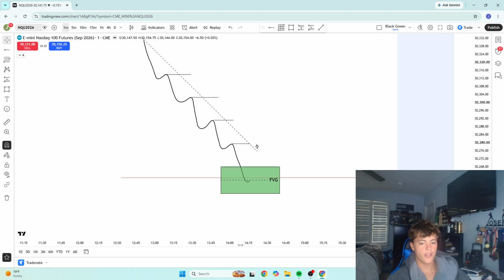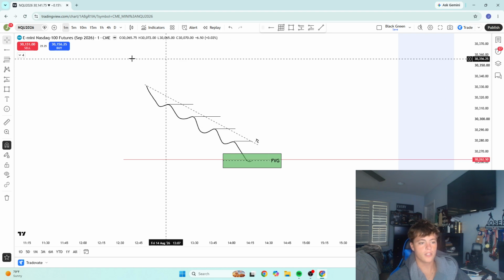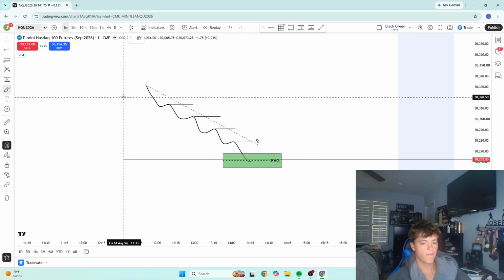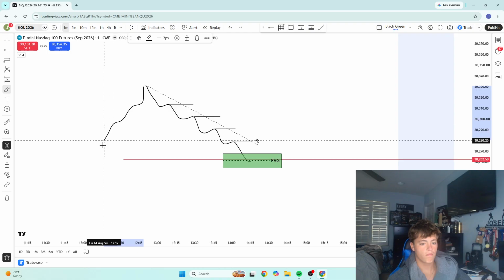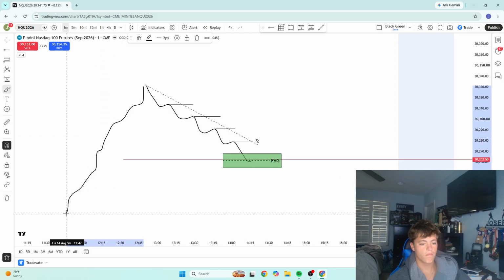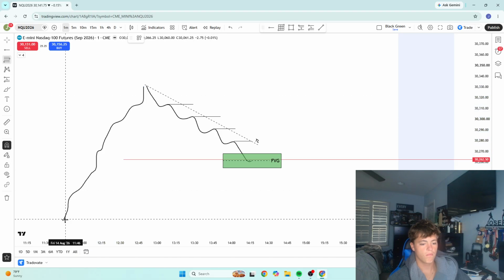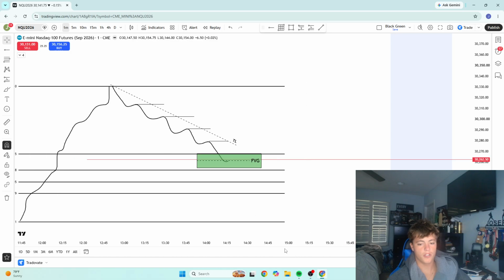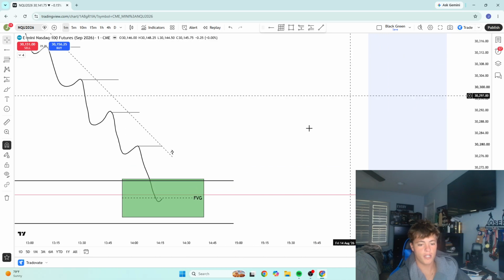But then another great thing would be something like this. So we had, and then we had equilibrium of this. Do you need this? No, but the fair value gap's nice.